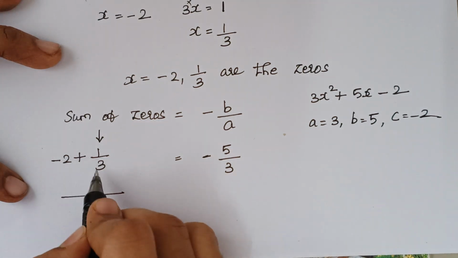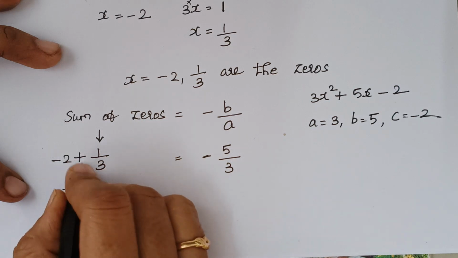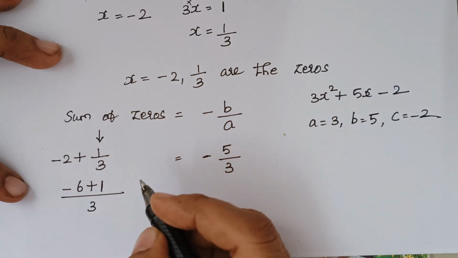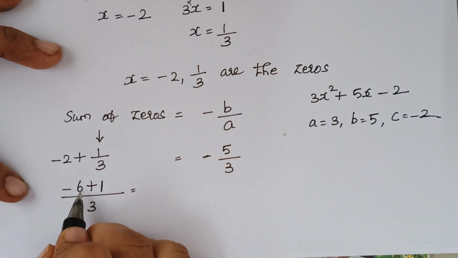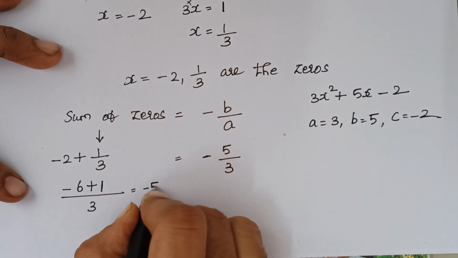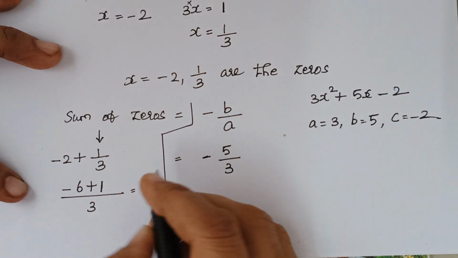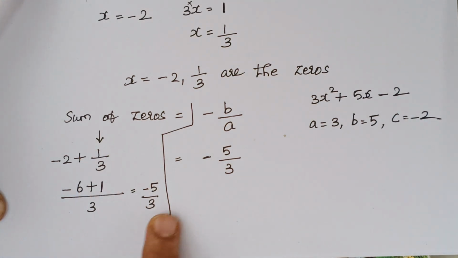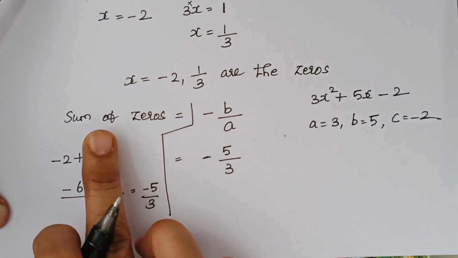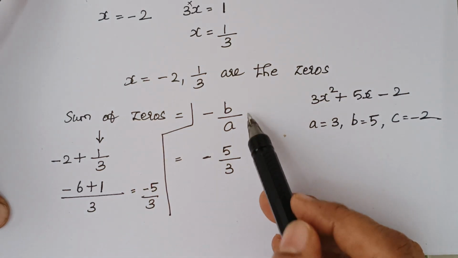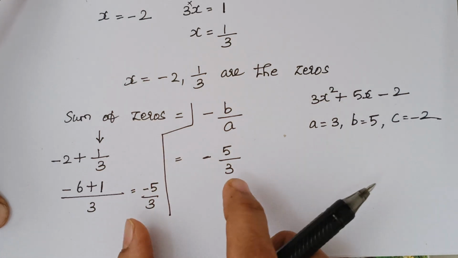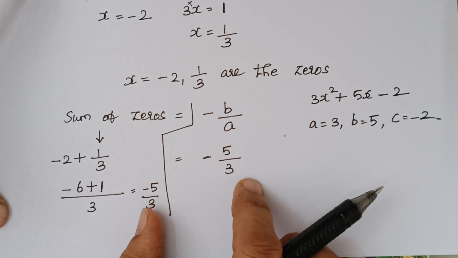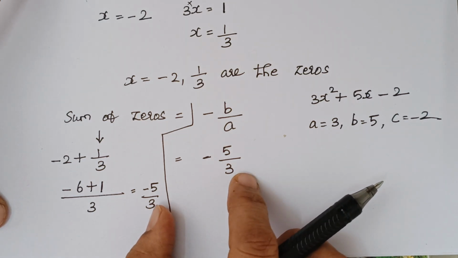So 3 into minus 2 will become minus 6 plus this 1, which is nothing but minus 6 plus 1, again minus 5 by 3, right? So here sum of zeros is equal to minus 5 by 3, and this sum of zeros is equal to again minus b by a. So both these are equal. Okay, that is, our formula gets satisfied here.